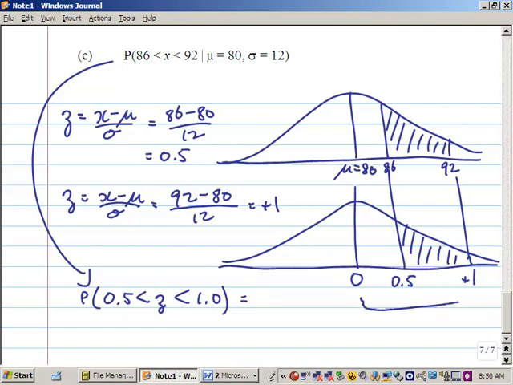Alright, the way we did this in the last lecture was go from 0 to 1 and then subtract out from 0 to 0.5. Okay, so first we get too much, 0 to 1, and then we're going to subtract out what we don't need. What we don't need is from 0 to a half.